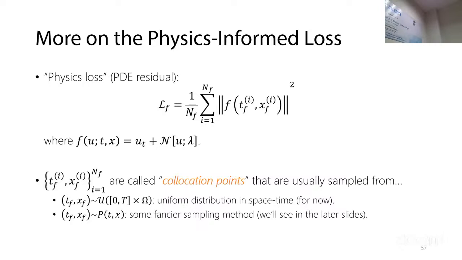If the magnitude of the gradient is high, that means something interesting, some dynamic stuff, is going on, so you can increase the probability of sampling there. There are a lot of different sampling methods, and we're going to see some of them in later slides. But essentially, the uniform distribution is the default setting if you don't know where to begin.